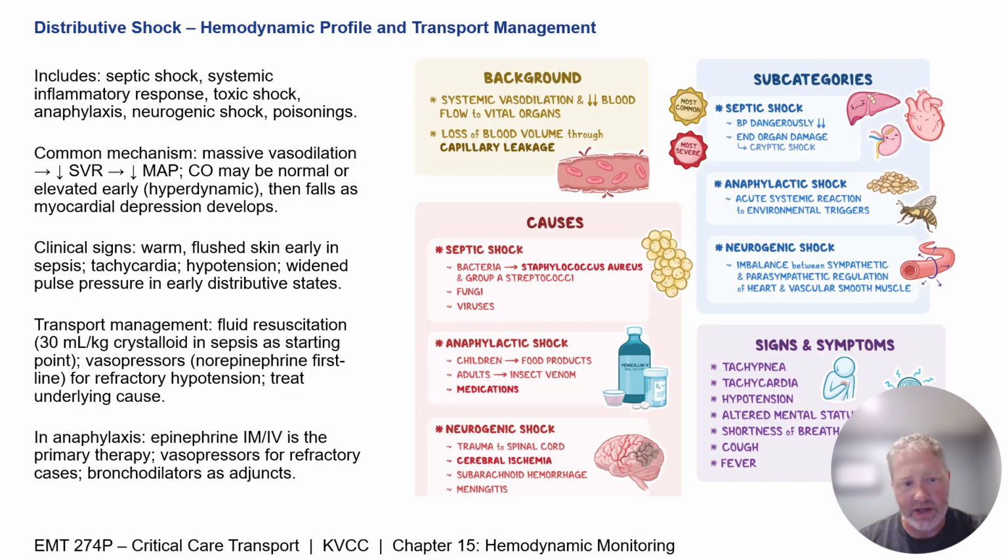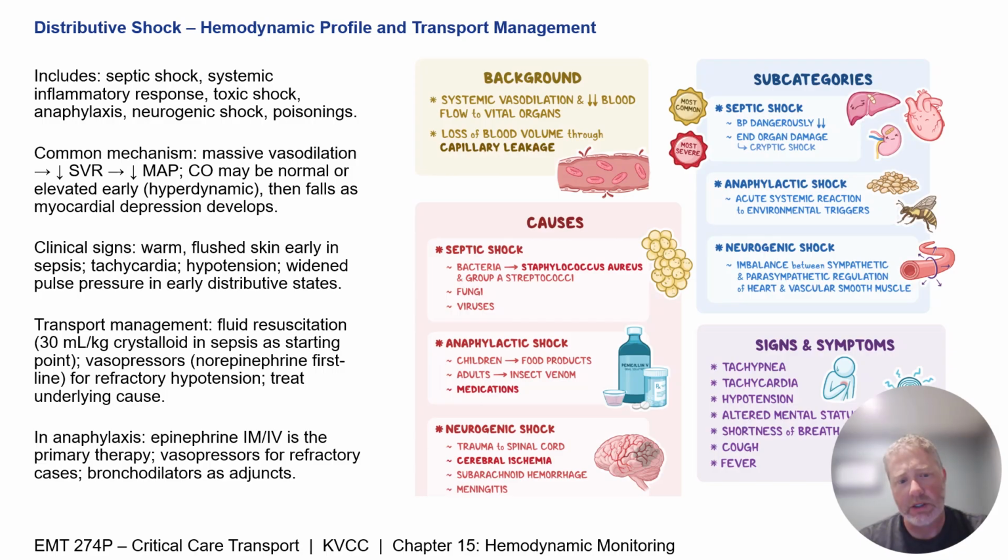That vasodilation decreases the SVR, which decreases the MAP. The CO itself might be normal or even elevated early on, but then it falls as the heart starts to get tired, and then you run into some major issues.